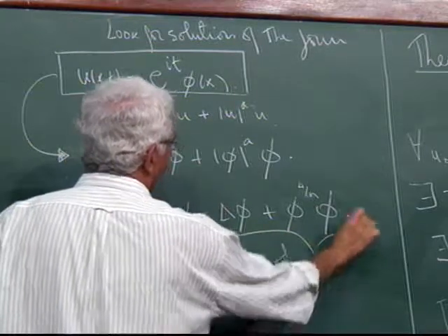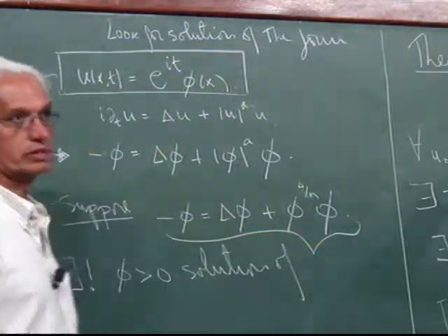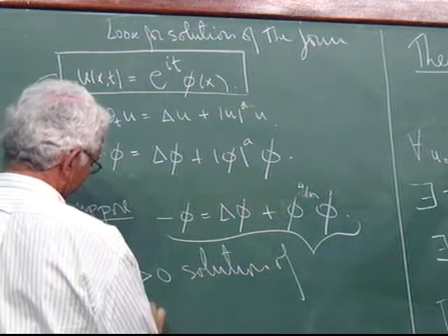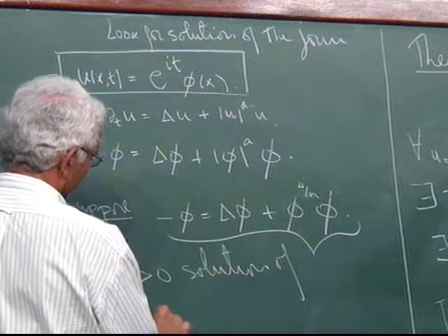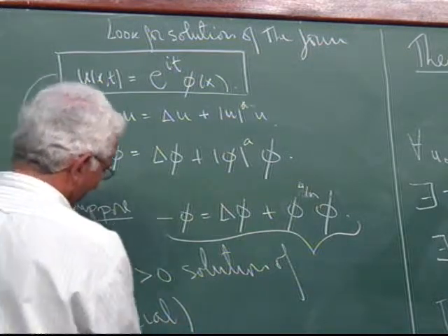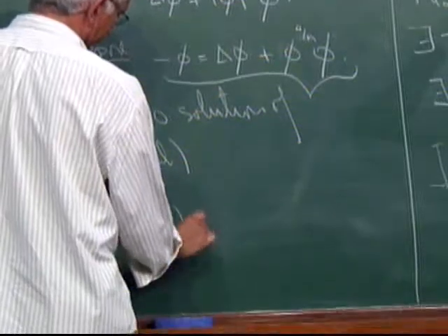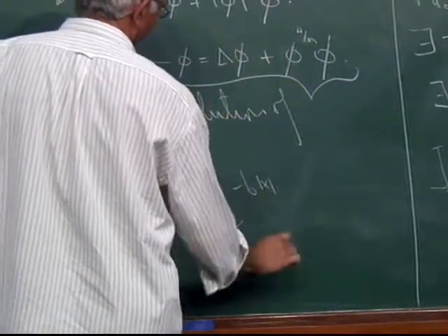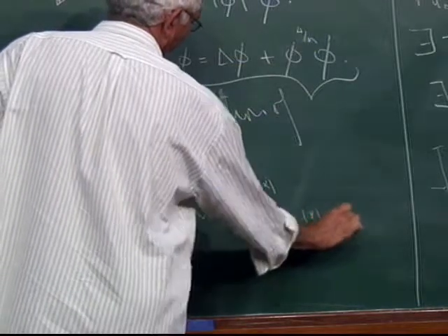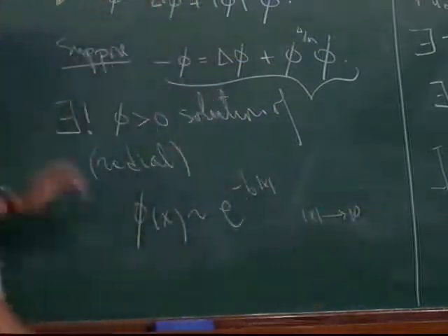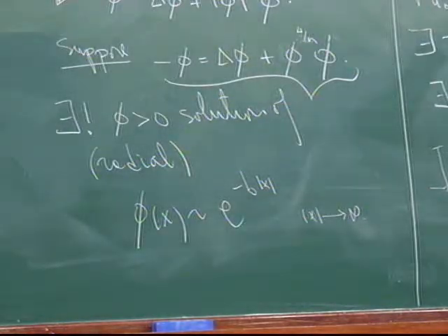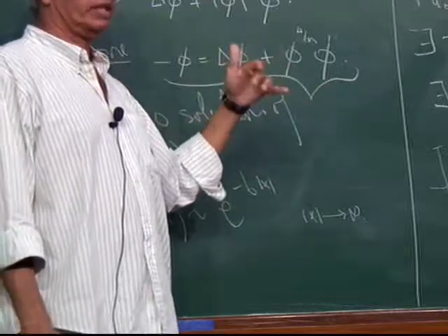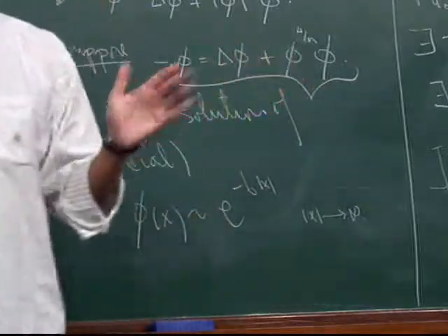And the moment that you are positive, you don't care if you put the absolute value or not. And this solution is radial. And this solution at infinity behaves like this. Decay exponentially. Okay? If that bothers you, take n equal to 2, and then you have an integer power that is not so complicated to work with.